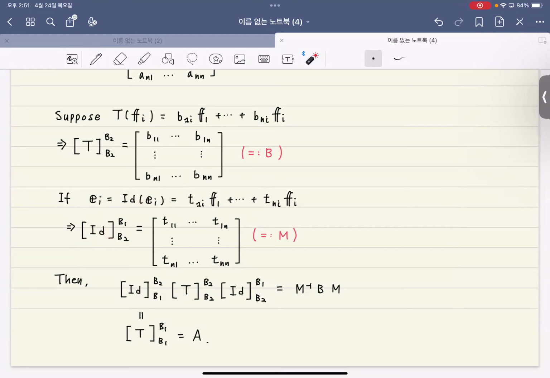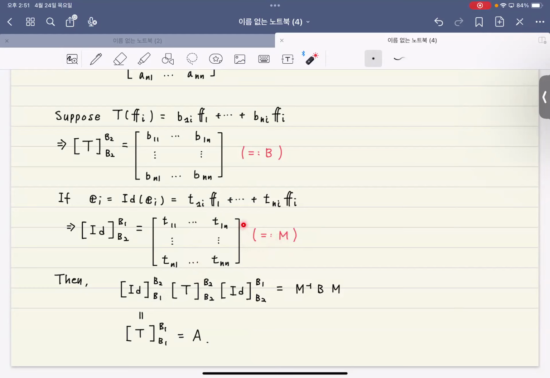Then this identity matrix can be written with input basis B1 and output basis B2. Writing down this matrix is also very easy. Just look at all these coefficients and plug them into the ith column of your matrix. Then this is going to be your matrix M.